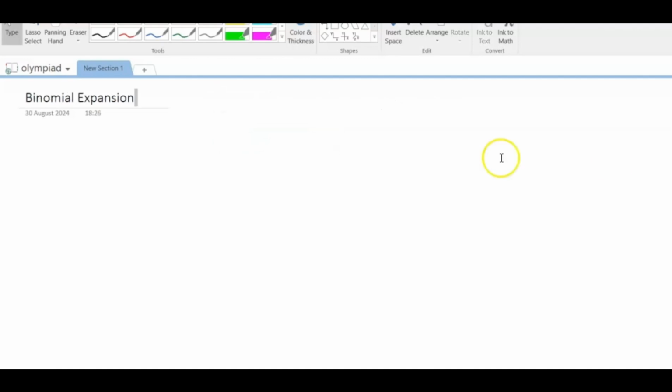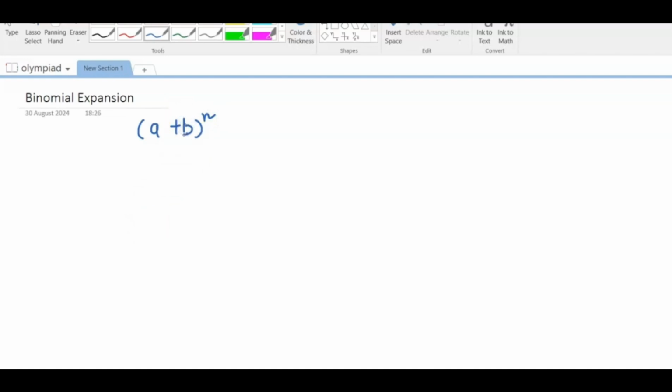Now what is binomial expansion? The binomial expansion, or binomial theorem, is a powerful tool for expanding (a plus b) to the power n.